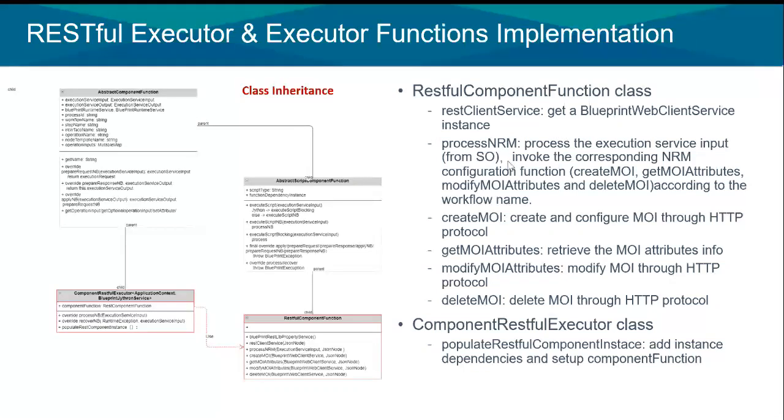Process NRM will process the execution service input from SO and invoke the corresponding NRM configuration functions like create MOIs, get MOI attributes according to the workflow name. And the create MOI will create and configure MOI through the HTTP protocol, and the RESTful functions retrieve the MOI attribute, modify the MOI and delete the MOI.